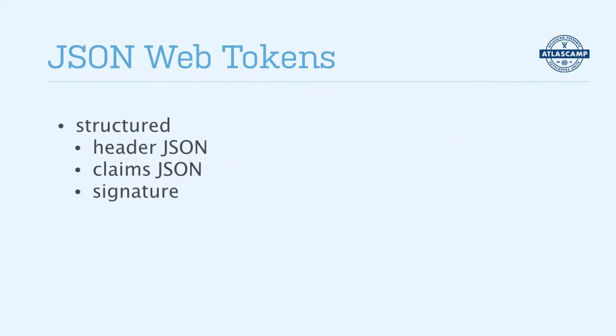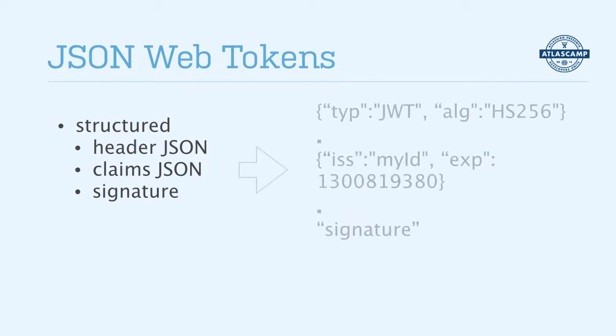Now, this JSON Web Token is a string, but what does it look like? Well, it's structured. It has a header, and then some claims in the middle, and then a signature at the end. Now, the header and the claims are JSON, so this should be very easy for everybody here to parse, both in their heads and in their code. The header's not very interesting. It's very brief. It just says the type of this message is JWT, and it uses a particular cryptographic algorithm.